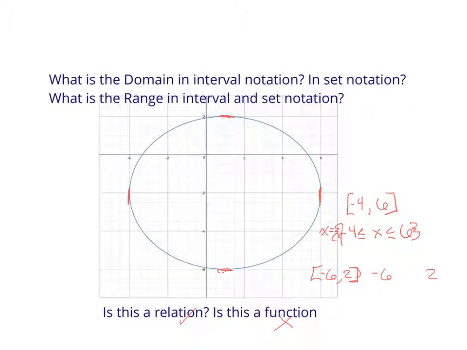I really should give myself more space here. -6, 2, put y in the middle, less than or equal to, less than or equal to. Y is equal to a set of all y values such that, and close, and there is our range in set notation, and that's how we do that.